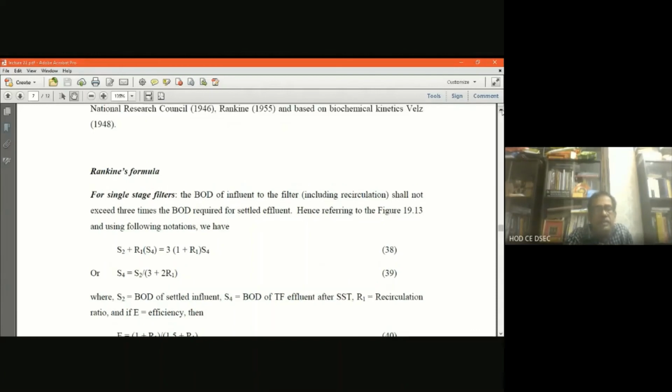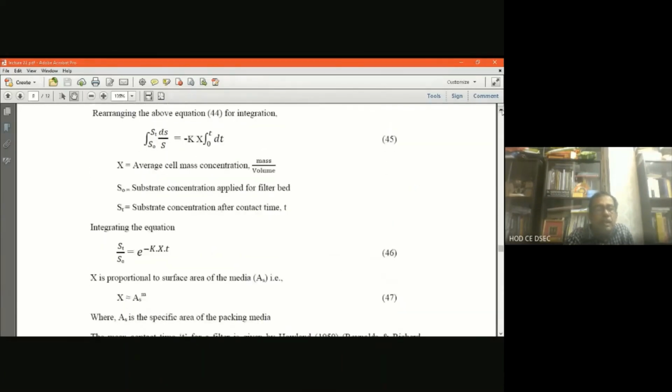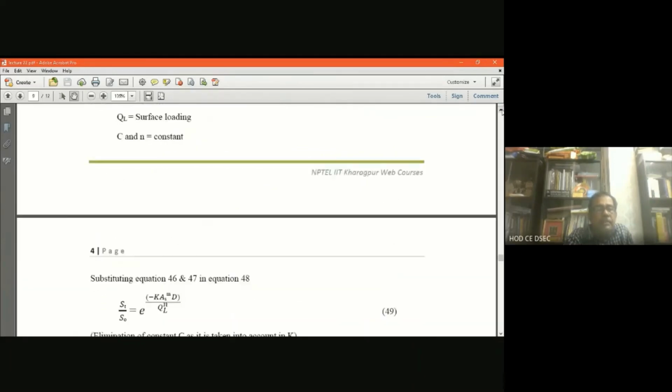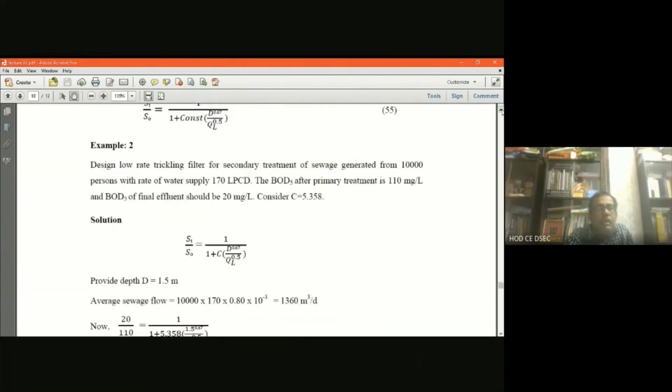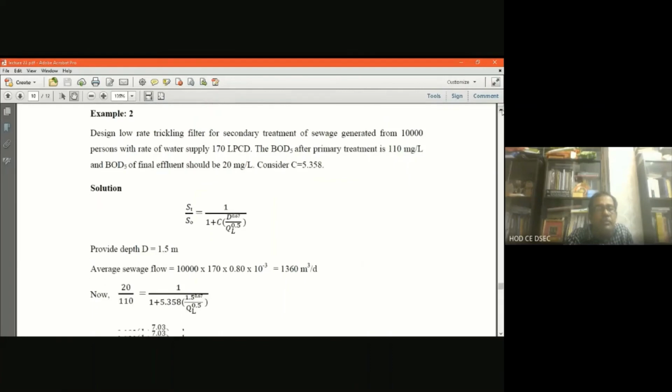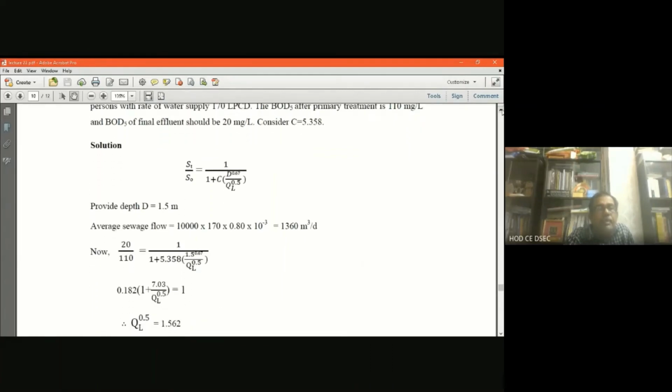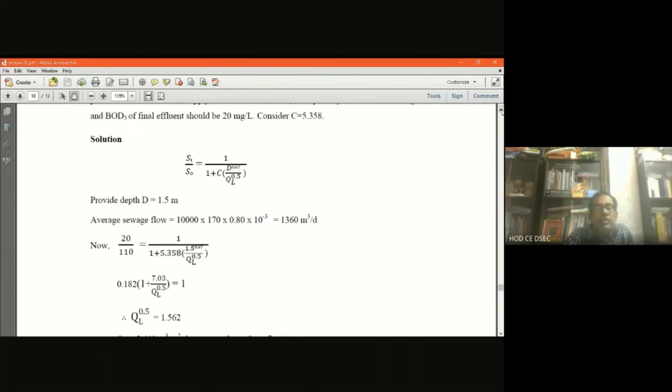In the case of low rate, let me have a glance at the formula again, because it is very important. In the low rate, the formula is ST by S0 equal to 1 by 1 plus C into d to the power 0.67 by QL whole to the power 0.5.